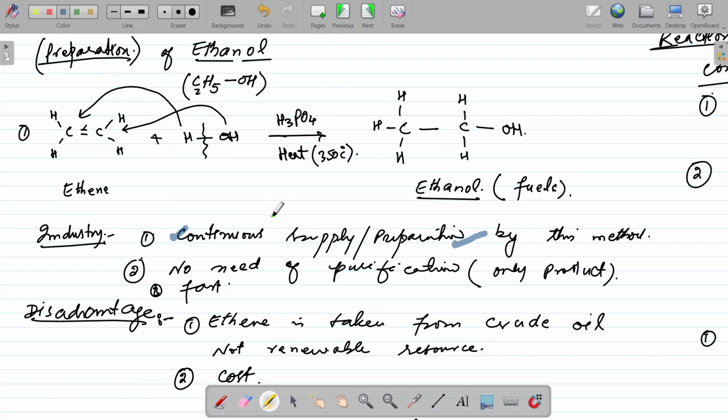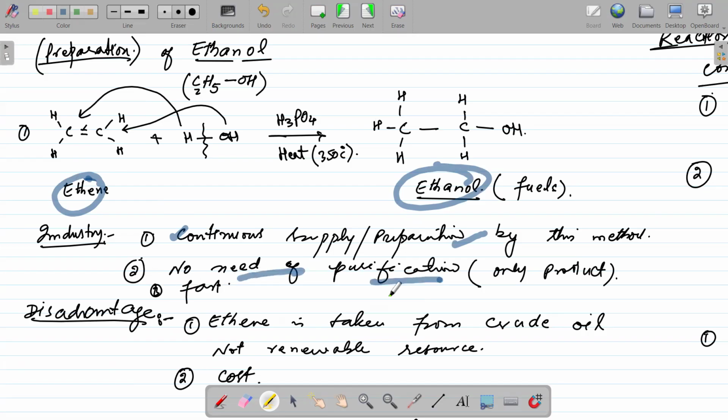For those, we have to use propene and butene, but they can give different products as well. In our A levels, we'll see how they make different products. So they give a mixture of products. But ethene gives only one alcohol, right? And what is the advantage?